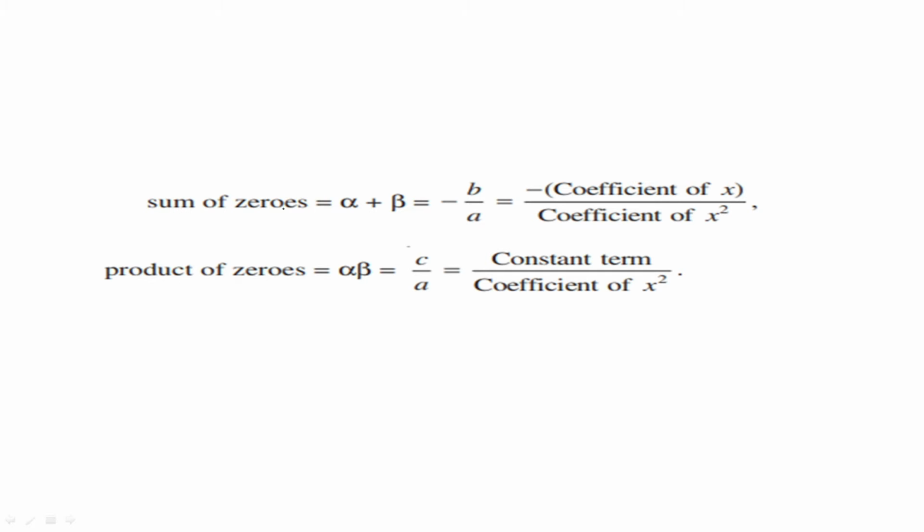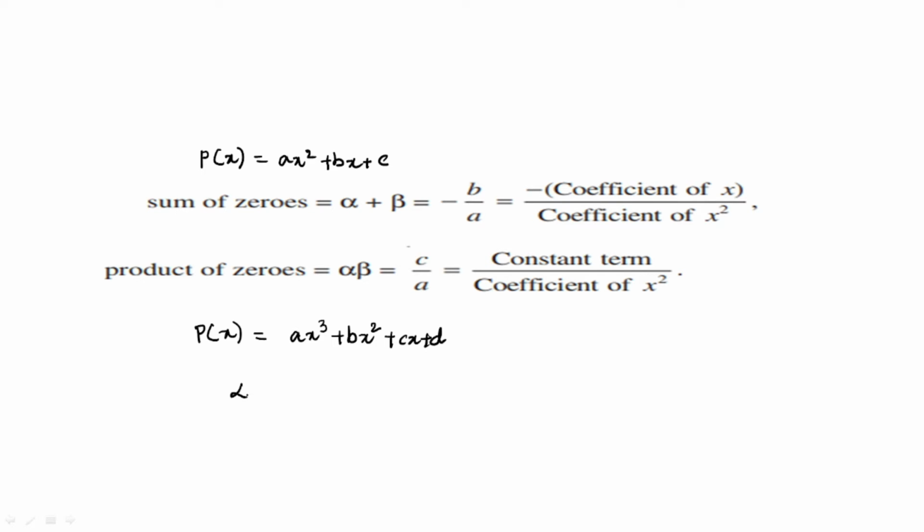So for the sum of roots alpha plus beta, for a quadratic equation in the form ax square plus bx plus c, the sum of roots is minus b by a, and the product of roots, alpha beta, is c by a. If it is a cubic polynomial, the general form is ax cube plus bx square plus cx plus d.